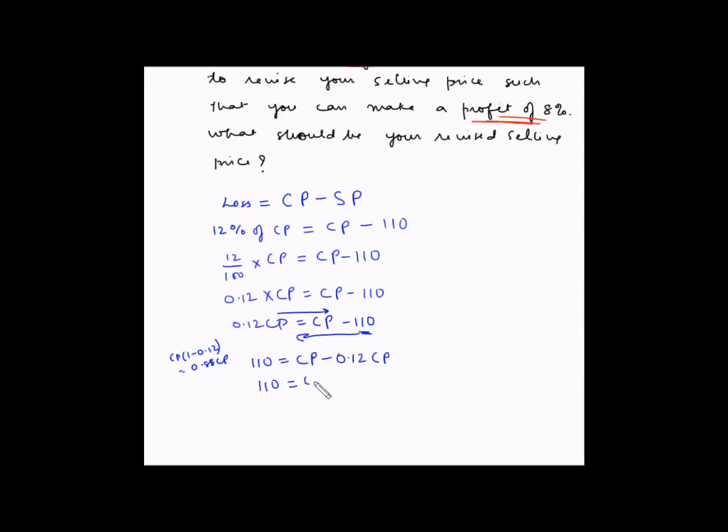So 110 is equal to 0.88 times CP, or CP is equal to 110 divided by 0.88, which is equal to 125. So here we have obtained the cost price. This is the price at which you are currently buying this item.